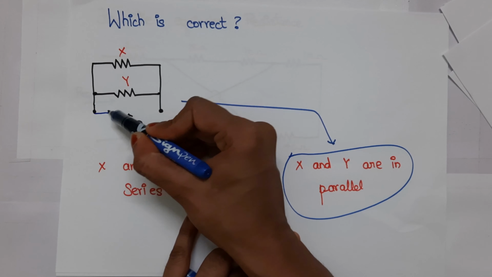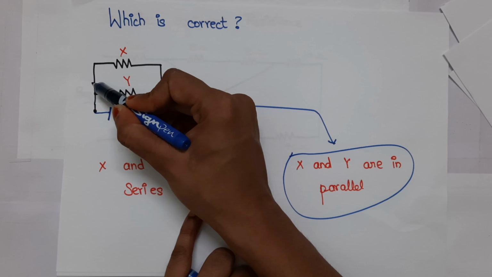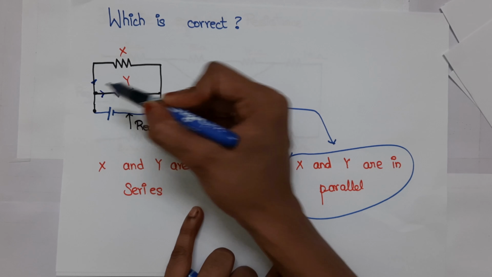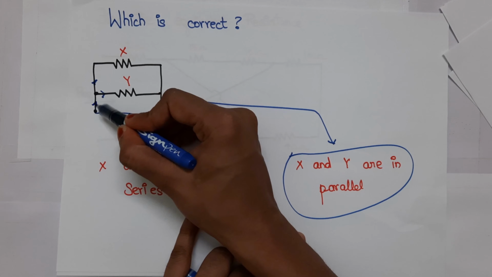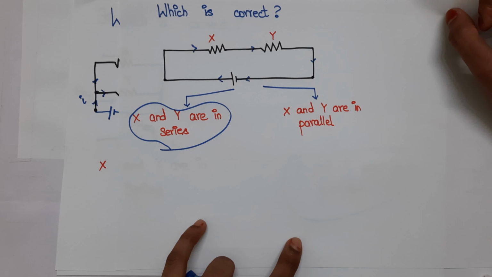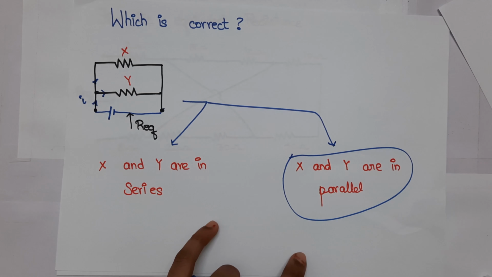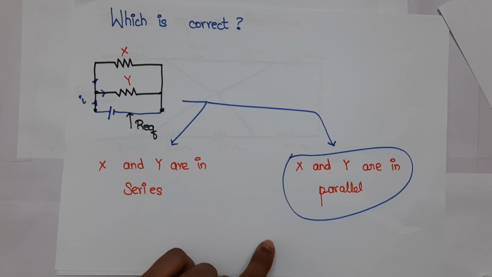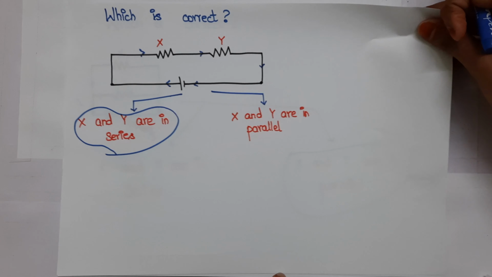Because since the power source is introduced at these terminals, the current is getting divided among X and Y. So this is a parallel circuit because of the current division that is happening here. In the series circuit that we saw, there is no current division. But in this circuit, the current is getting divided. That is why this is a parallel circuit, and that is why this is a series circuit.